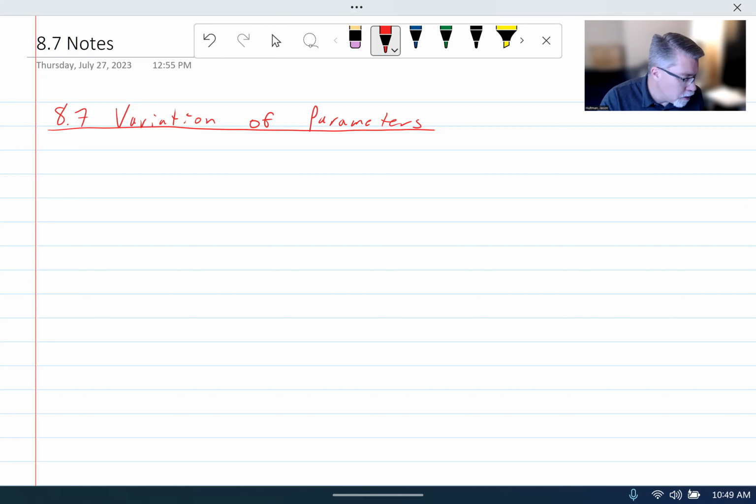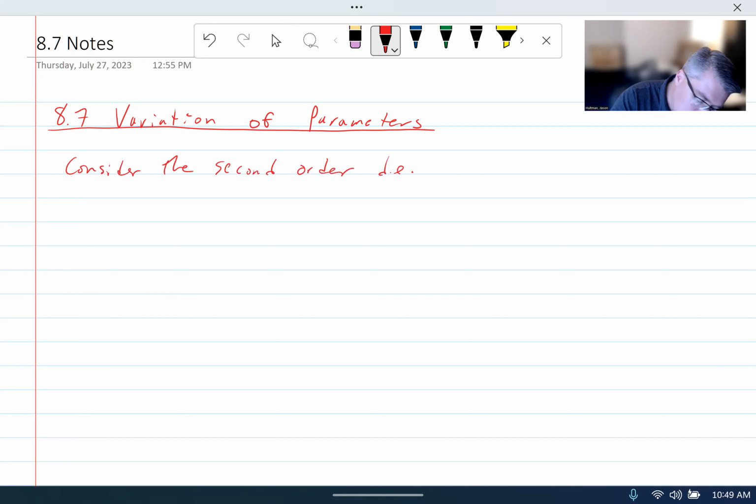Okay, consider the second order differential equation y double prime plus A1 y prime plus A2 y is equal to f.